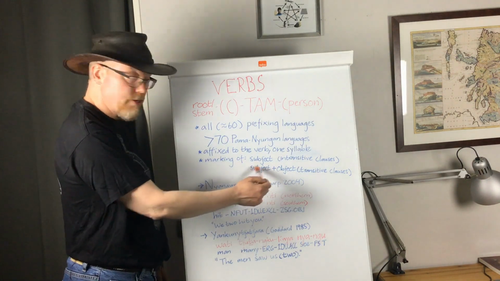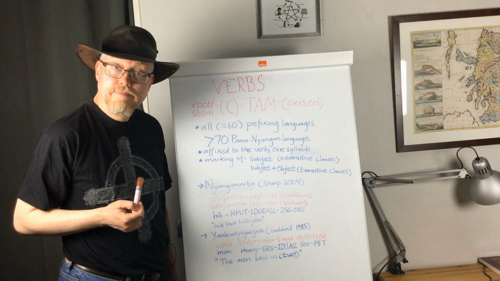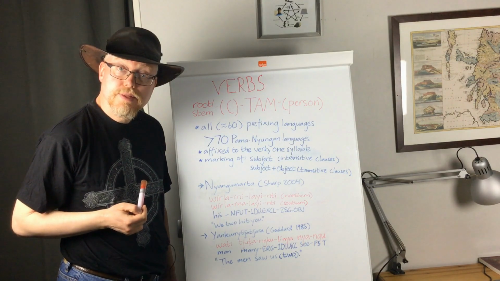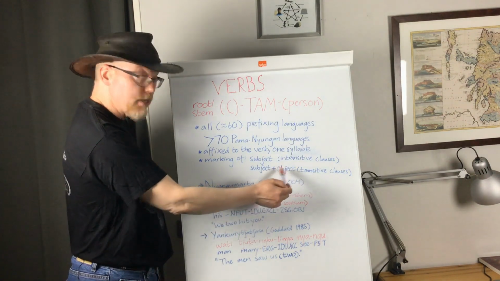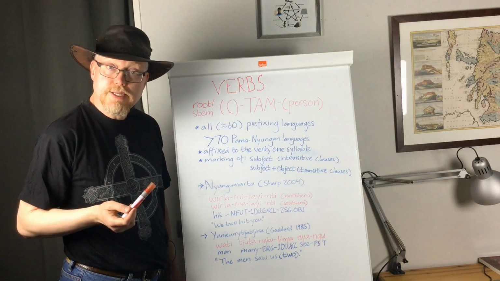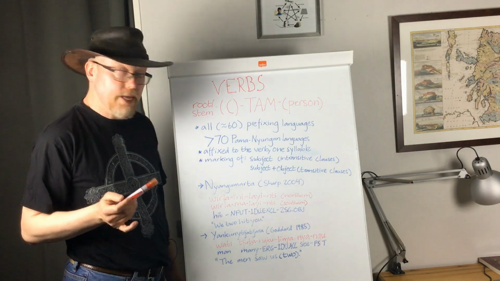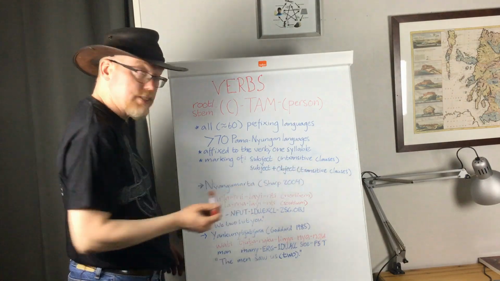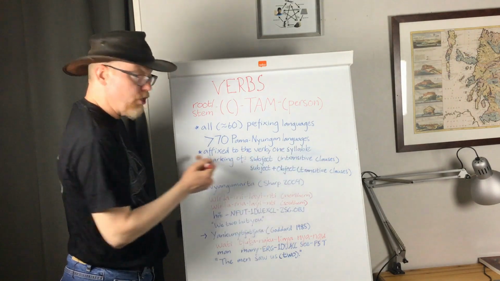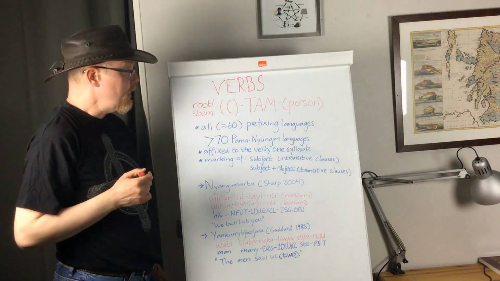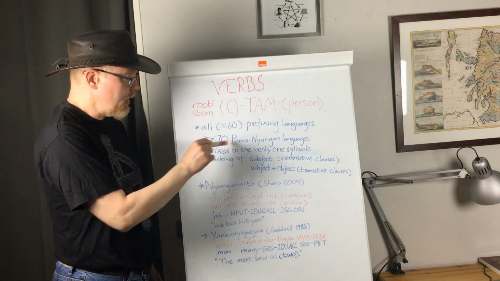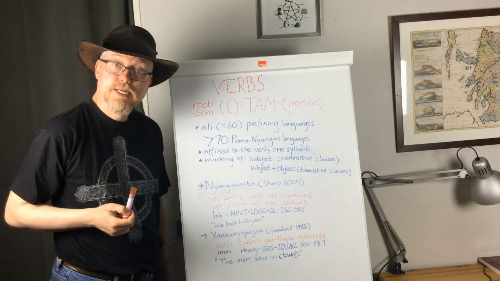So the subject, the one who is acting or experiencing something in intransitive clauses, the direct object, the one who is influenced, affected by what the subject is doing, in transitive clauses. So this is much more common. This occurs in all non-Pama-Nyungan languages and in many of these as well.